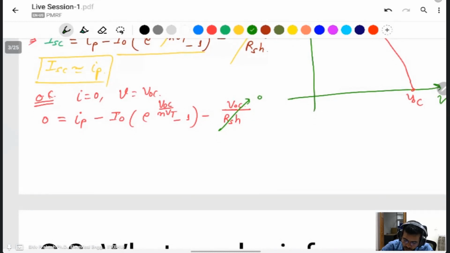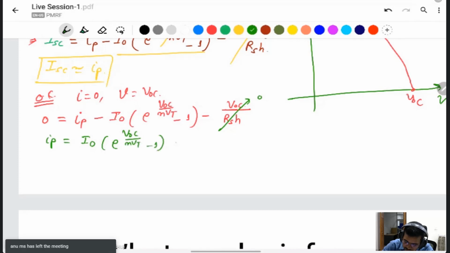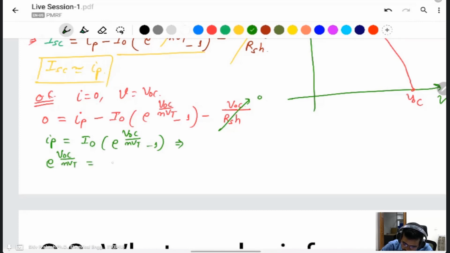Then you can find the output voltage, the open circuit voltage. It will be IP is equal to I naught e to the power VOC divided by NVT minus 1. So e to the power VOC divided by NVT is equal to IP divided by I naught plus 1. Taking the logarithm, VOC divided by NVT is equal to ln of (IP plus I naught) divided by I naught.